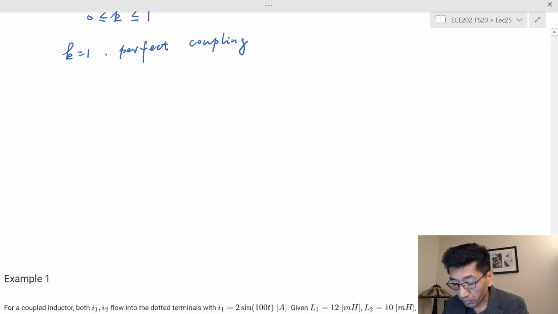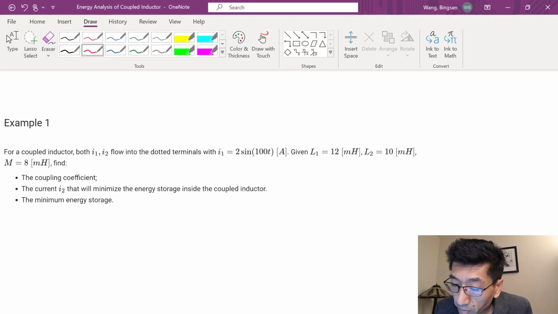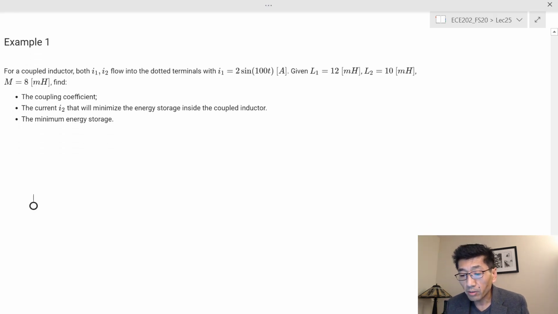Okay, let's look at an example and see if we can make sense out of these. I have a couple of inductors with both currents flowing into the dotted terminals. That's the case we went through in detail, and we have the current I1 given, and the self-inductances and mutual inductance are given. We're trying to find the coupling coefficient.